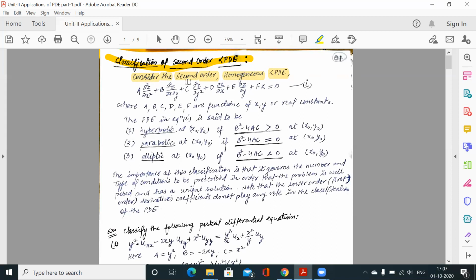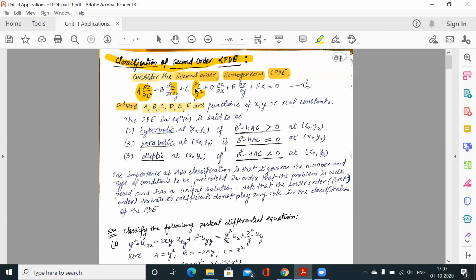Suppose the second order LPDE is in this form: a del 2 z over del x square, because these are second order LPDEs, so they will contain second order derivatives. So del 2 z over del x square, del 2 z over del x del y, del 2 z over del y square.